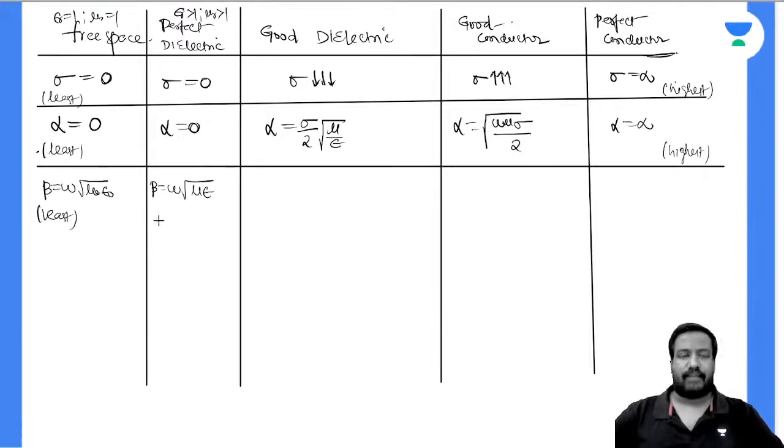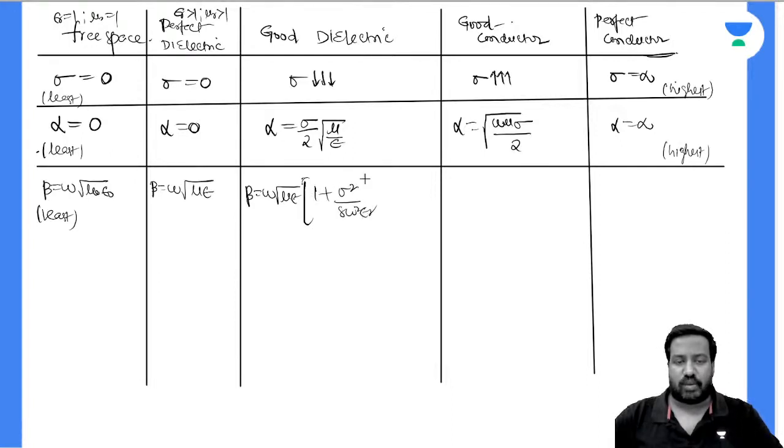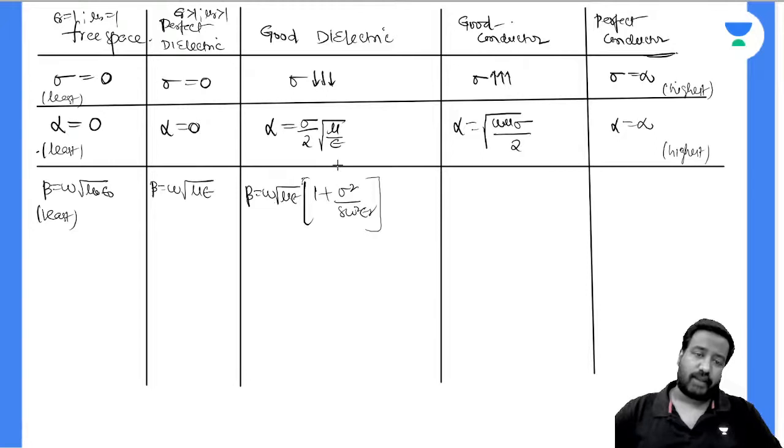Slowly beta is increasing. Now the beta here is omega into under root mu epsilon into 1 plus sigma square by 8 omega square epsilon square. That is, beta is omega under root mu epsilon plus omega under root mu epsilon times sigma square by 8 omega square epsilon square. Still increasing.